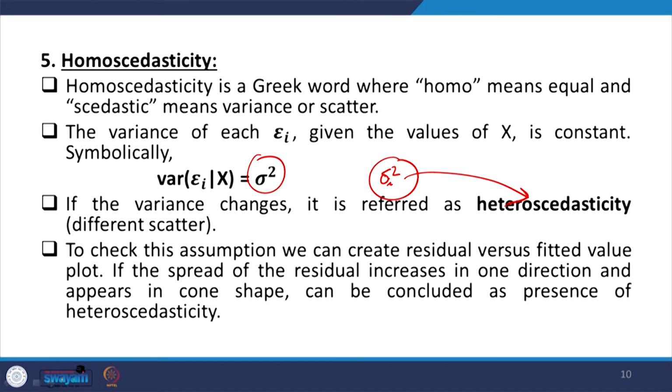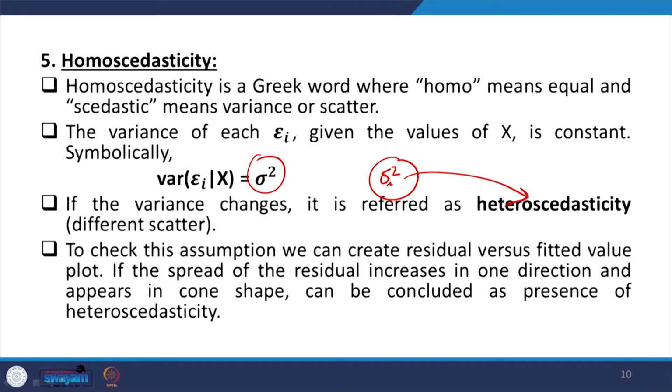So, every error term corresponds to a different standard deviation or variance, which leads to the problem of heteroscedasticity, and therefore a different scatter of information can be derived. To check this assumption, we create a residual versus fitted value plot.